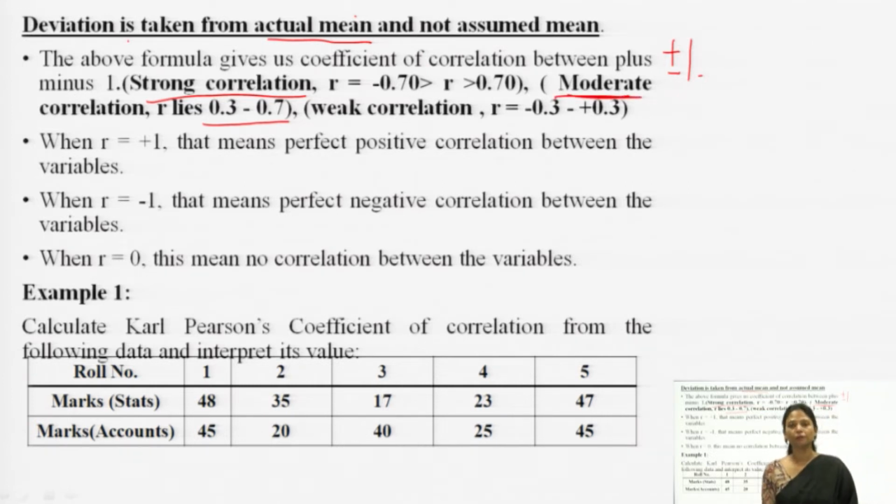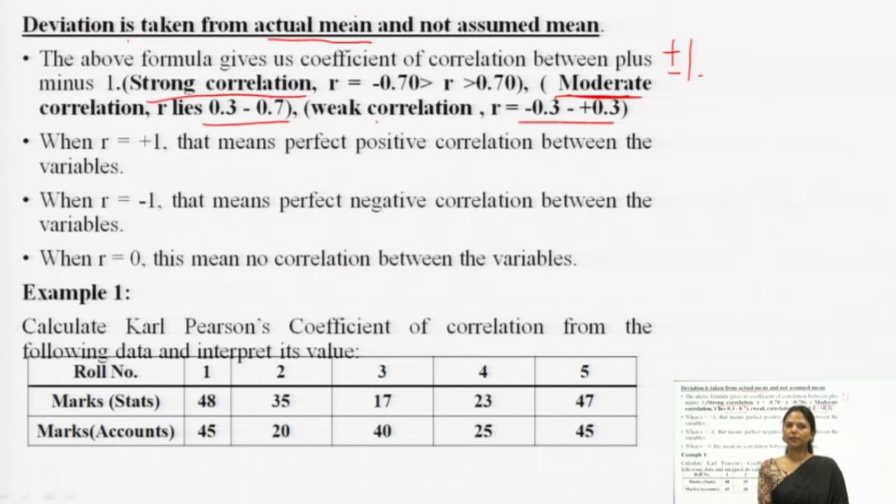But if weak correlation exists, then the value of r lies between minus 0.3 and plus 0.3. Depending upon the r value, we can place it under strong correlation, moderate correlation or weak correlation, and we can find out what degree of correlation the two variables have.